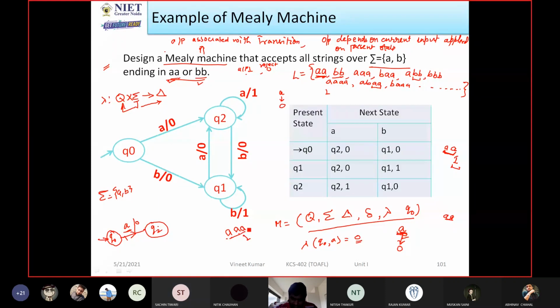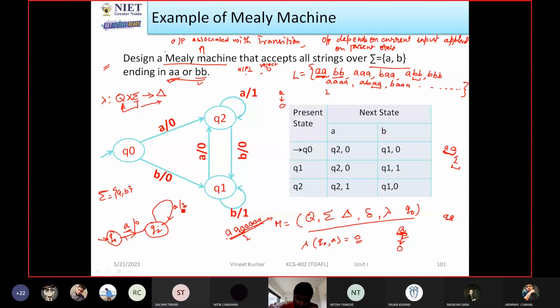If A comes again, in all the cases the string is ending with A. So for infinite times, if any repetition is there, then there is a self iteration, or we call it a self loop. So there is a transition of A to Q2 itself with the output. What will be the output? 1.